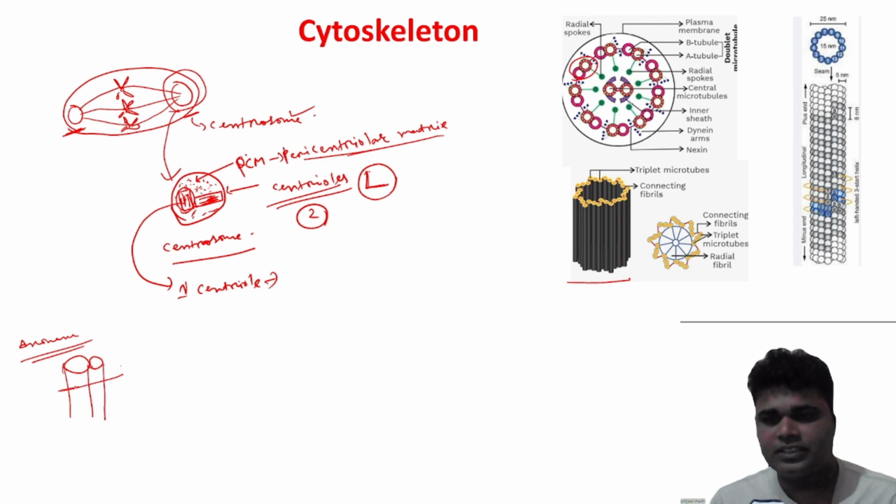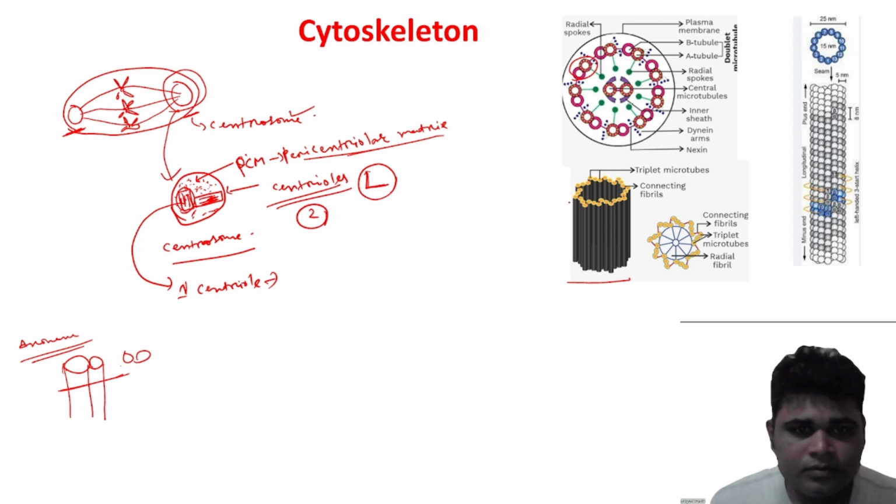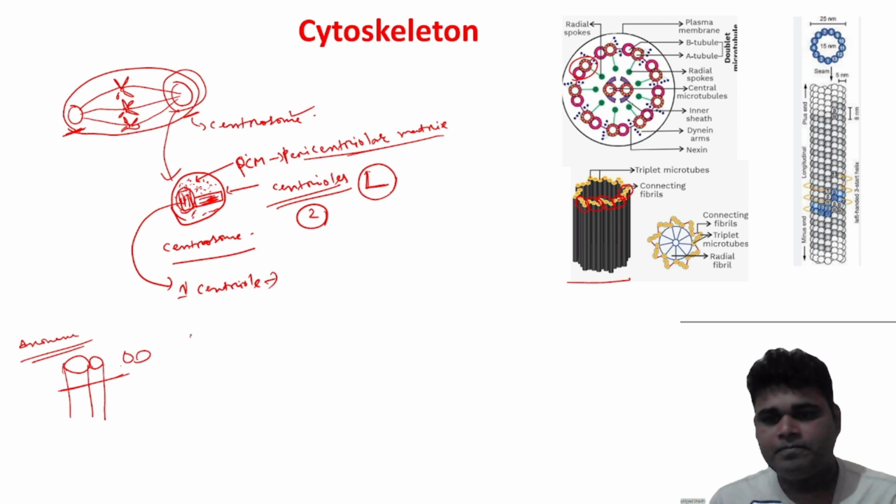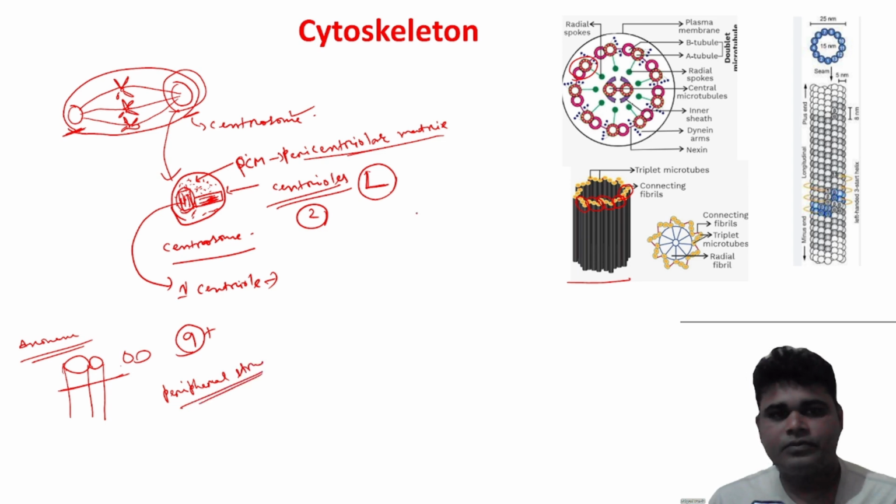If we take a cross section, it looks like this: three tubes joined to each other, 1, 2, 3. Just like that, 9 peripheral structures are present. So this is the axoneme structure.